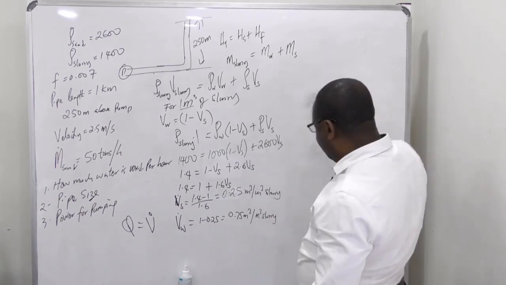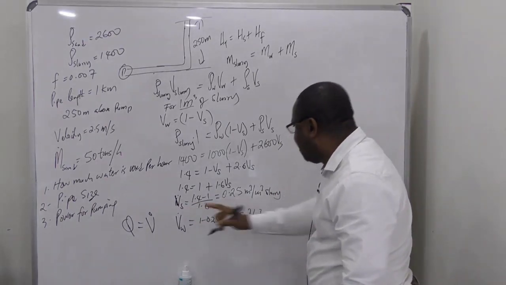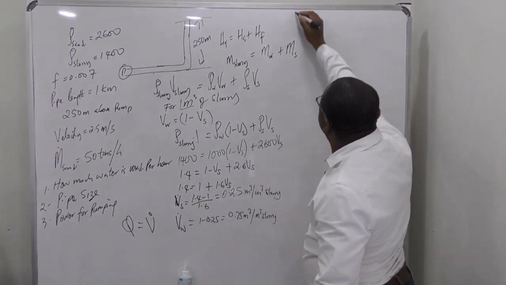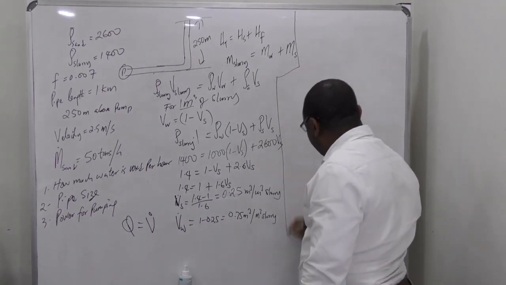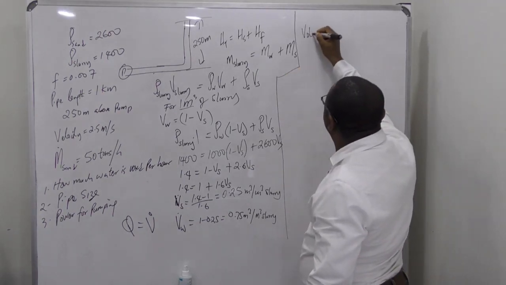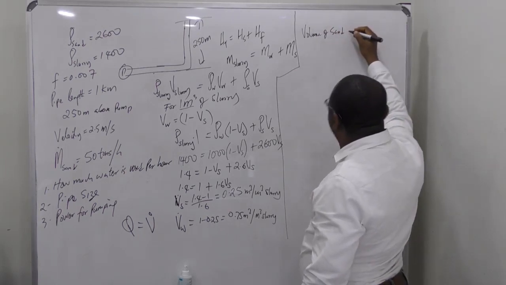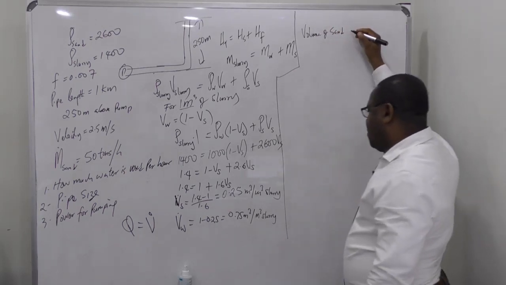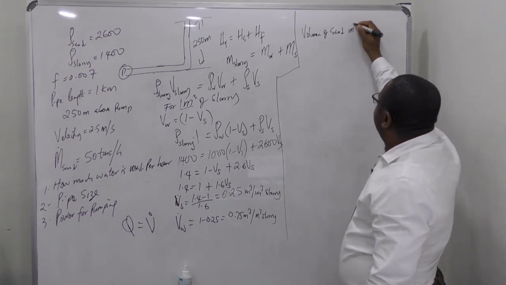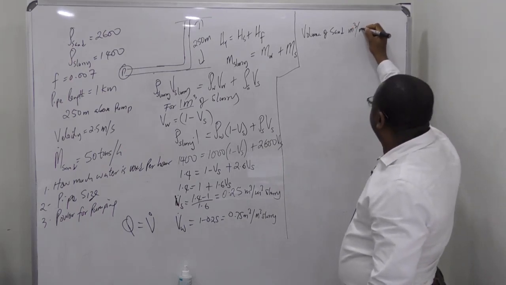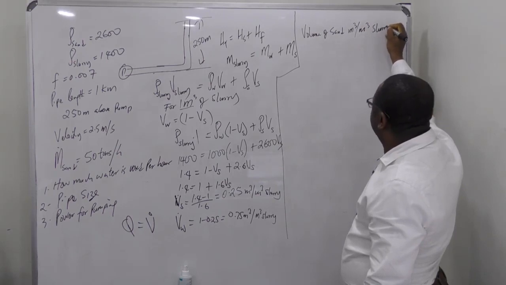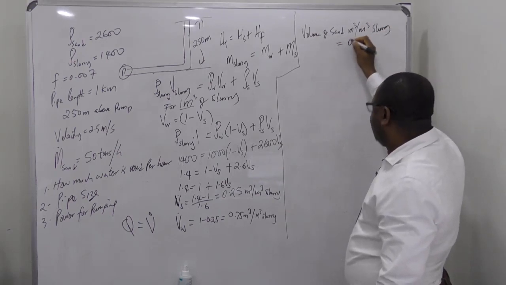So the volume of sand, in meter cube per meter cube slurry, we got to be 0.25.